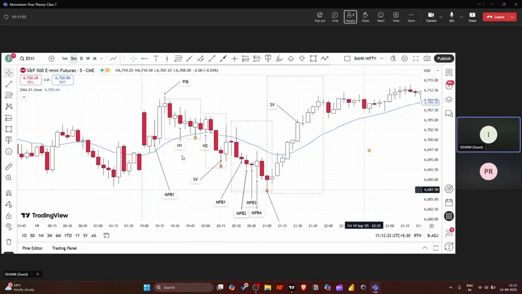We already know that momentum might die almost 60 to 70% of the times. It varies from one year to another and one month to another. When you backtest, you'll get to know that in some months the failure rate after MPB3 will be as high as 70%, and at times it will drop to 60%. So let's say it is an average 65% failure.